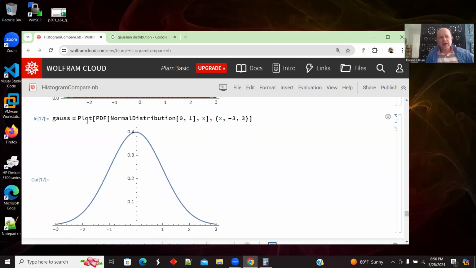And this is a mathematical function. It's a known mathematical function, so we could enter it for ourselves. It depends on the exponential and x squared and so on. I will show you that in a minute.